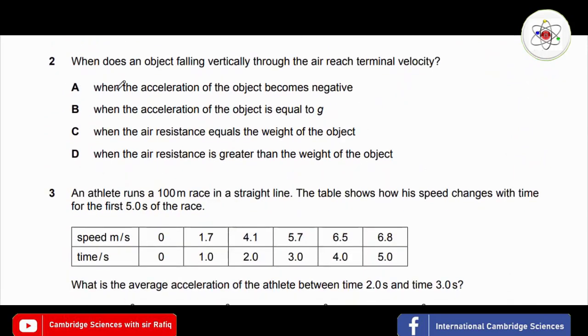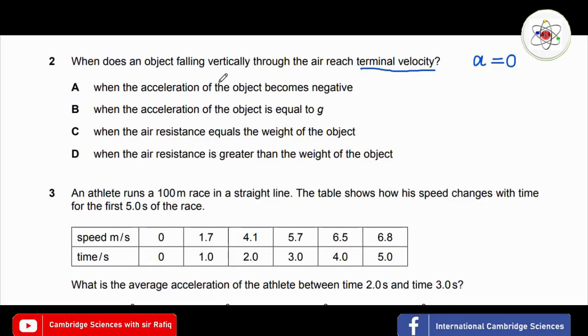When does an object falling vertically through the air reach a terminal velocity? As you know, when an object falls freely it reaches terminal velocity, and terminal velocity means constant velocity; at constant velocity acceleration is always 0.